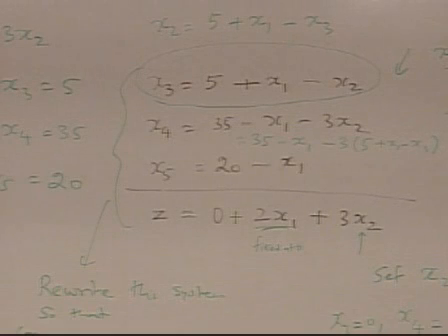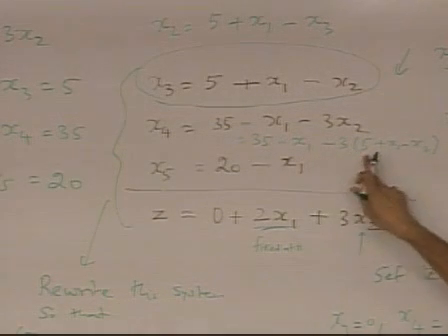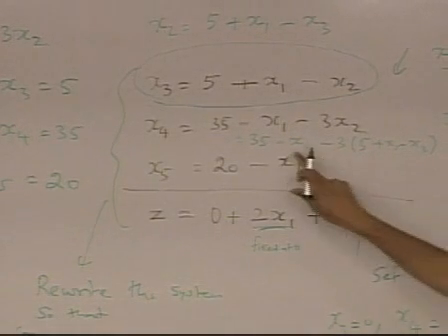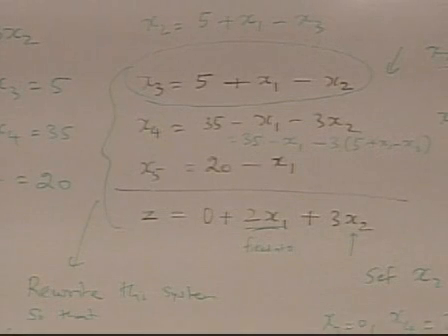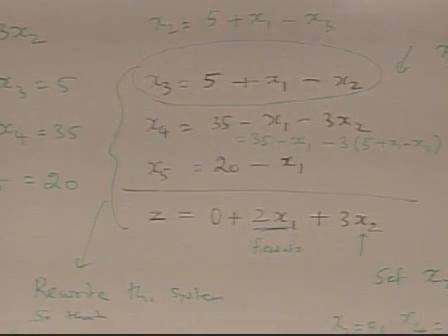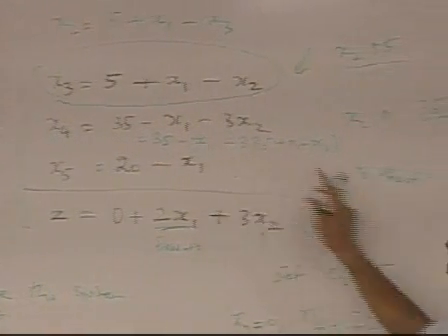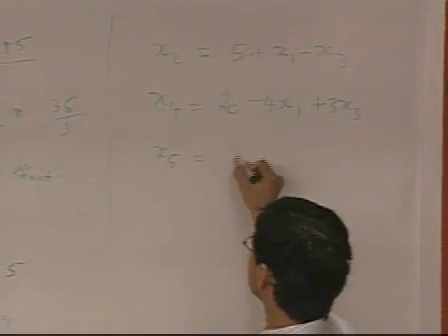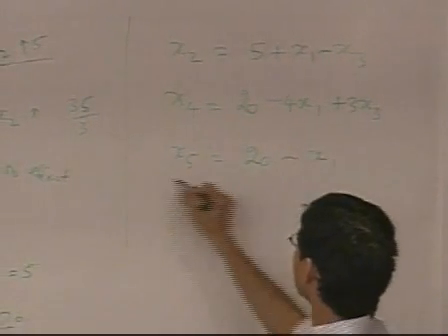If x2 is 5 plus x1 minus x3, x4 is 35 minus 15, so you get 20. There's minus x1 minus 3x1, so there's minus 4x1, and plus 3x3. x5 is just 20 minus x1.